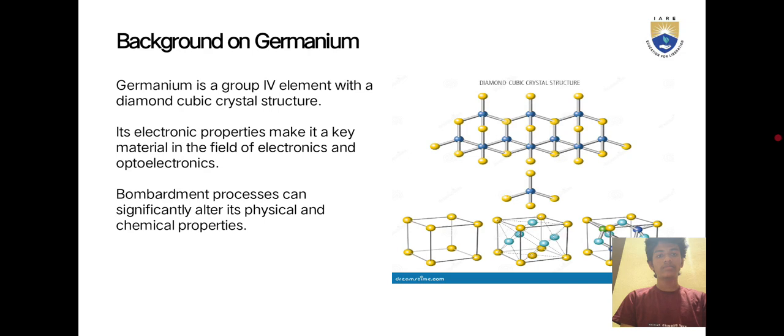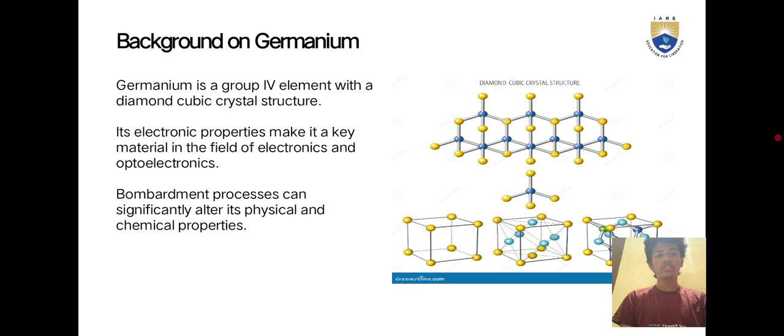Let's see the second slide, the background on germanium. Germanium is a metal and its element symbol is Ge. Germanium is a group four element with a diamond cubic crystal structure. Its electronic properties make it a key material in the field of electronics and optoelectronics.